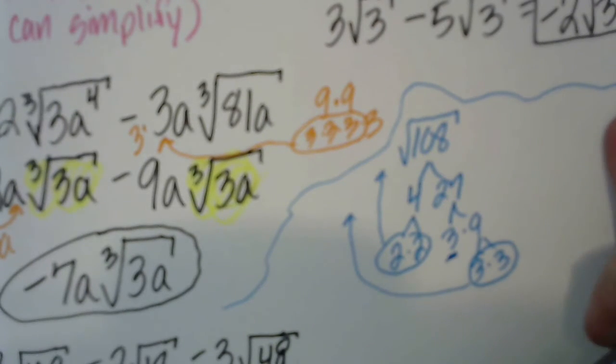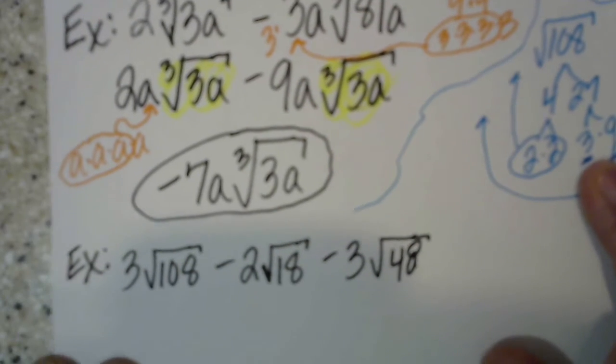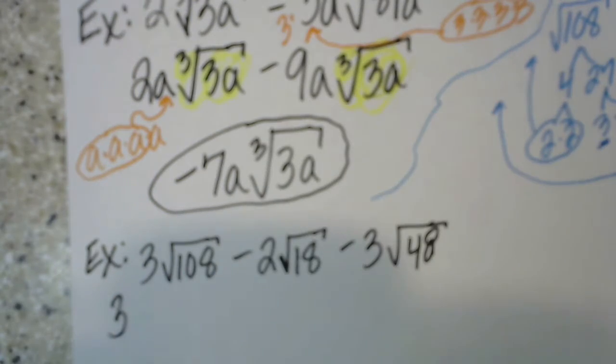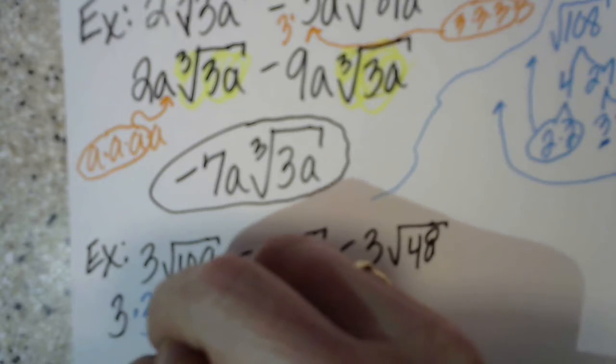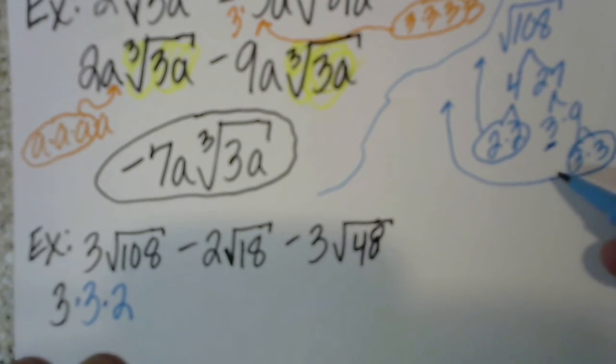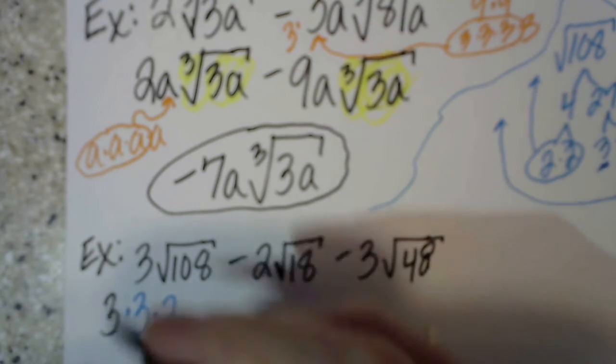Right? So if we know that a 2 and a 3 can come out and a 3 has to stay in, then I'm going to come down here and show you there's already a 3 that's there. Then I'm going to have another 3 that came out and a 2 that came out from my factor tree over here. And what stays in is a 3.